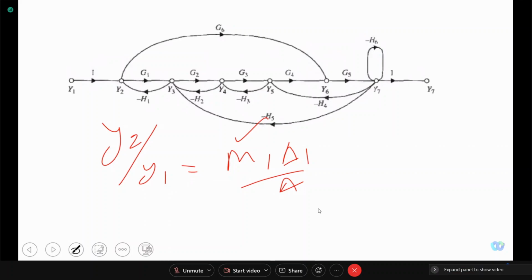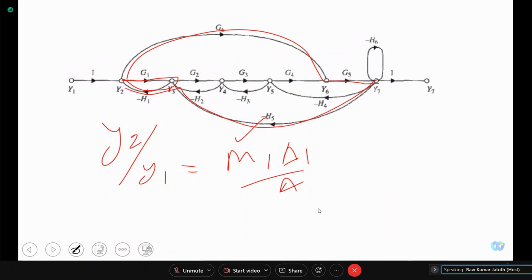You can do it, no? So now how many loops here? Total 7, sir. Total 7. Roughly we'll go Y2, Y3, Y2. Y2, Y6, Y7, Y3 and Y2.